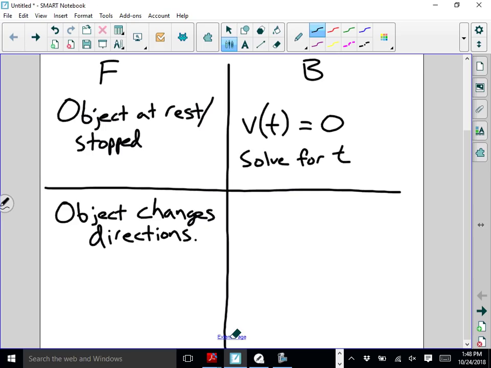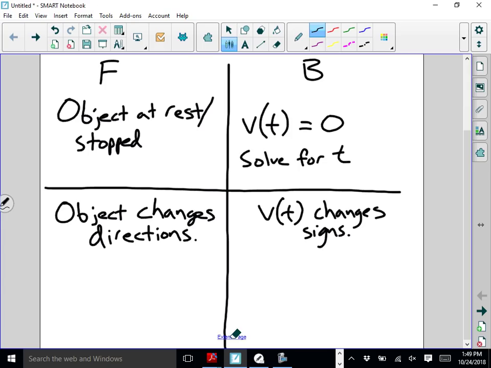If they ever ask you, when does an object change directions? We automatically need to know the first thing we go to is v of t changes signs. That's what we want to figure out. We know an object changes directions anytime v of t changes signs.